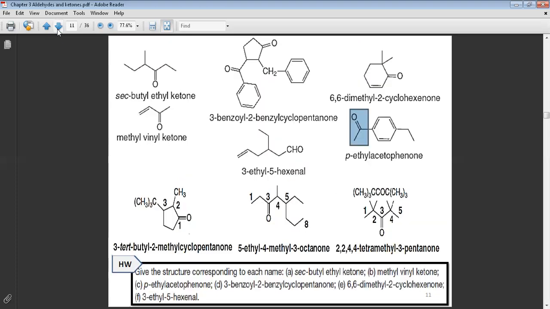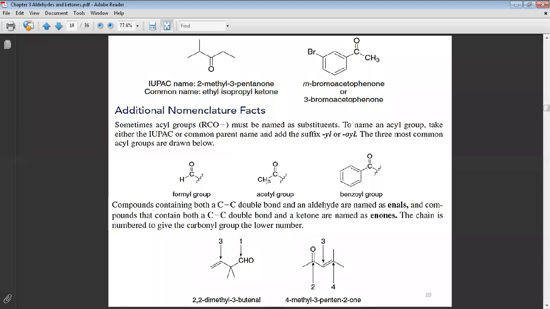This group, what is the name of this group?